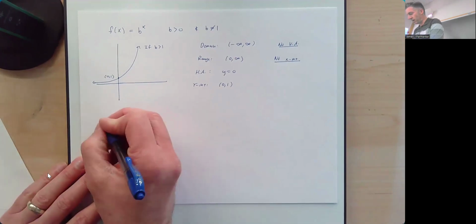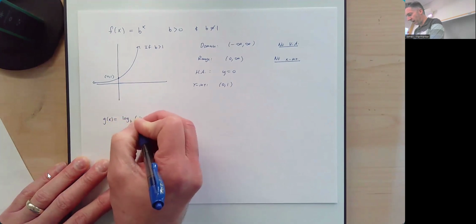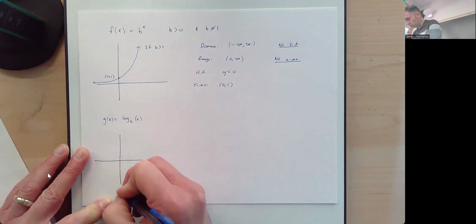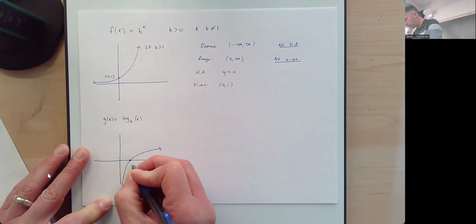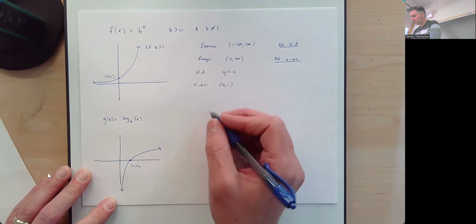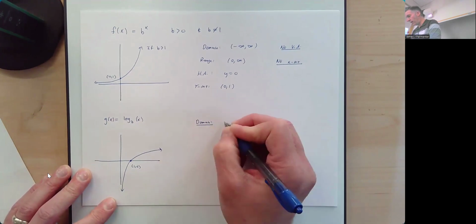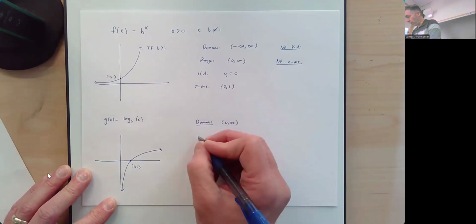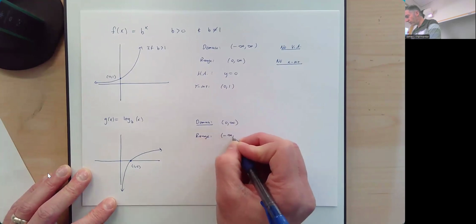So if I wanted to graph g of x equal to log base b of x, which again has this usual logarithmic shape, here our domain is all positive numbers from 0 to infinity. Our range is all real numbers.